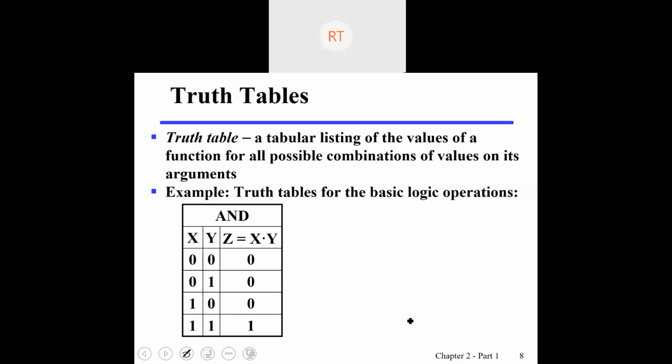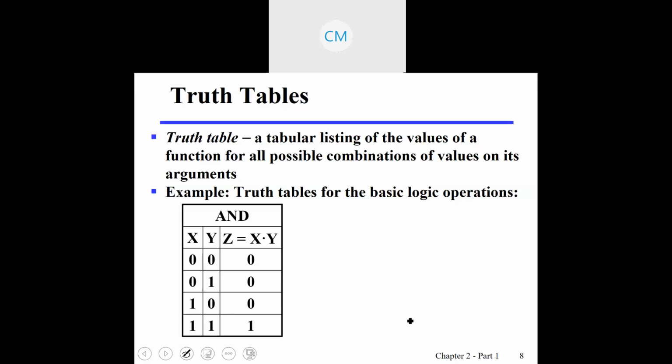When I have X equal to 0 and Y equal to 0, what is the result of Z when I do X and Y, 0 and 0? This will give me a 0 as the output, right? What about 0 and 1?